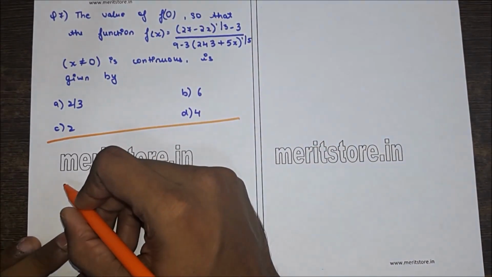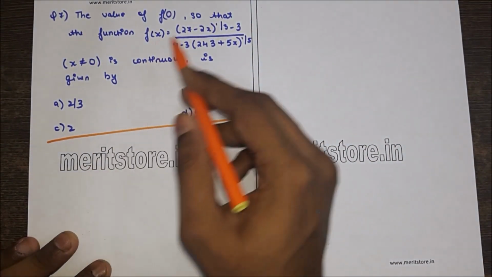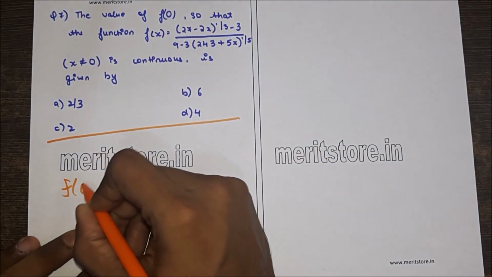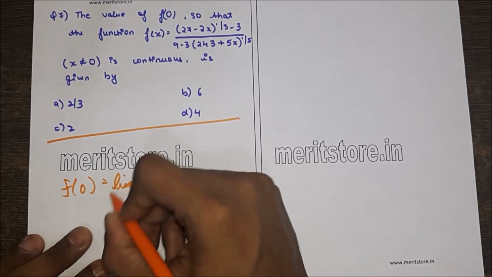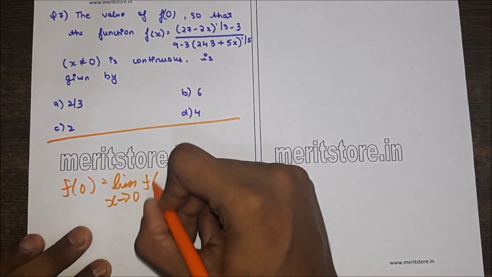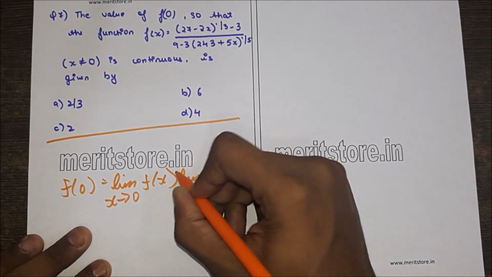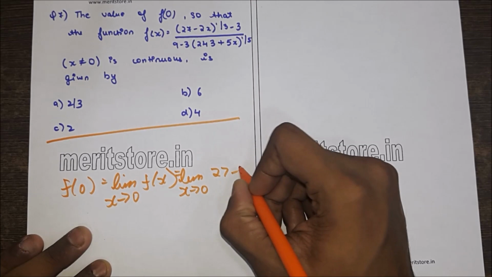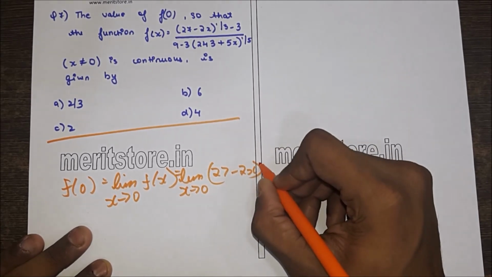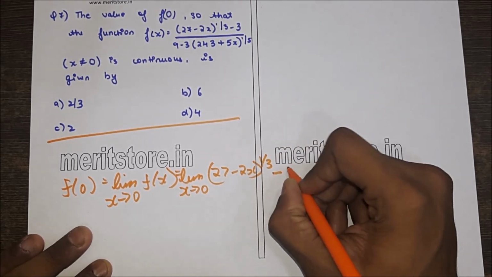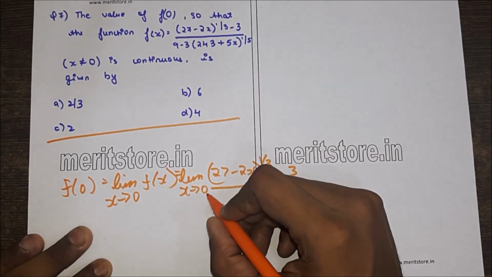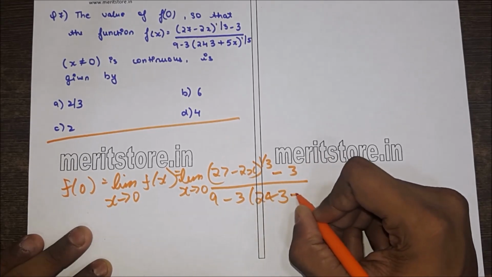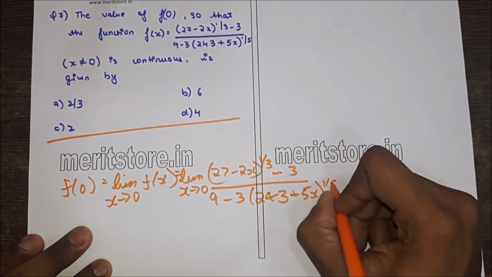Since f of x is continuous at x equal to 0, we can write f of 0 is equal to the limit as x tends to 0 of f of x, which is equal to the limit as x tends to 0 of (27 minus 2x) raised to 1 by 3 minus 3, upon 9 minus (243 plus 5x) raised to 1 by 5.